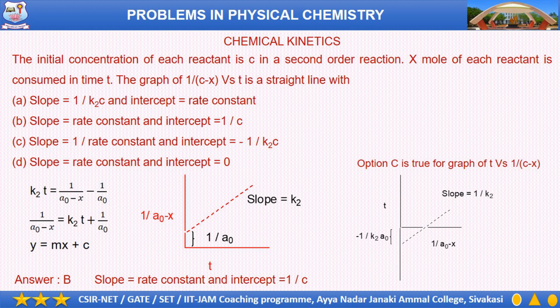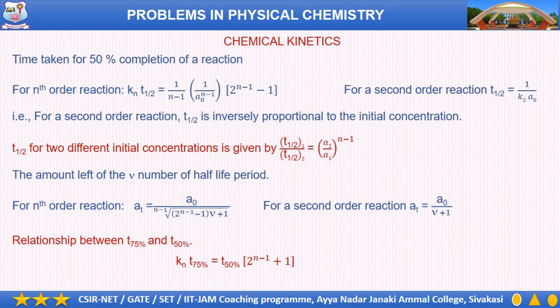And then another thing: the T half of the second order reaction can be derived from the general equation, and the T half is given by 1 by K2 into A naught, where A naught is the initial concentration.